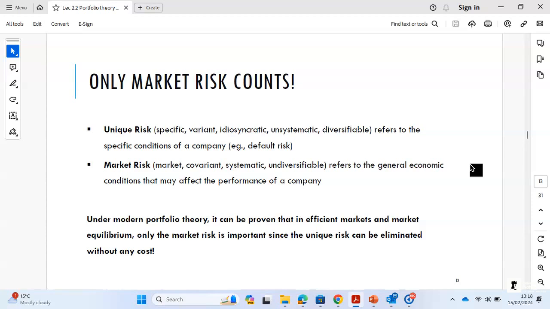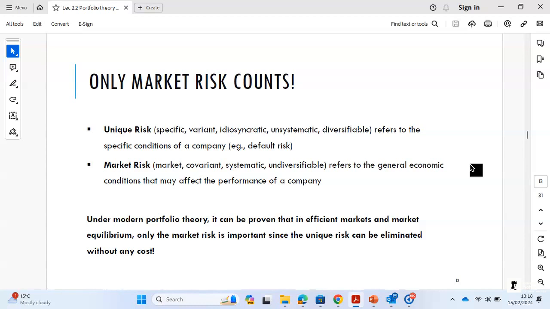Under the modern portfolio theory, it can be proven that in an efficient market and market equilibrium, only the market risk matters, because the unique risk can be eliminated through diversification. Because it can be eliminated through diversification, there is no compensation for that.